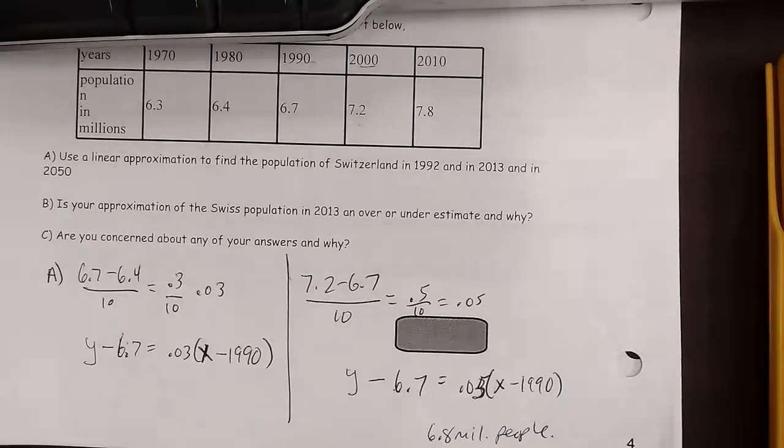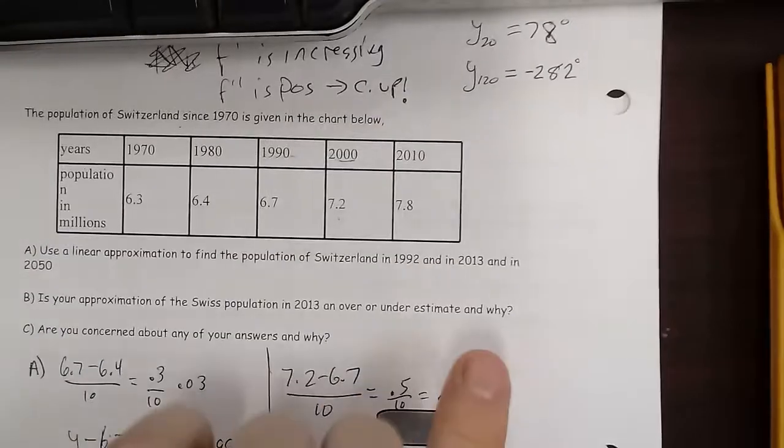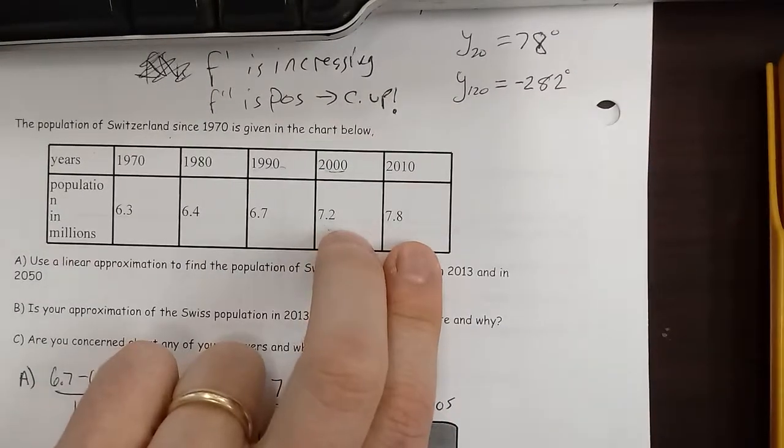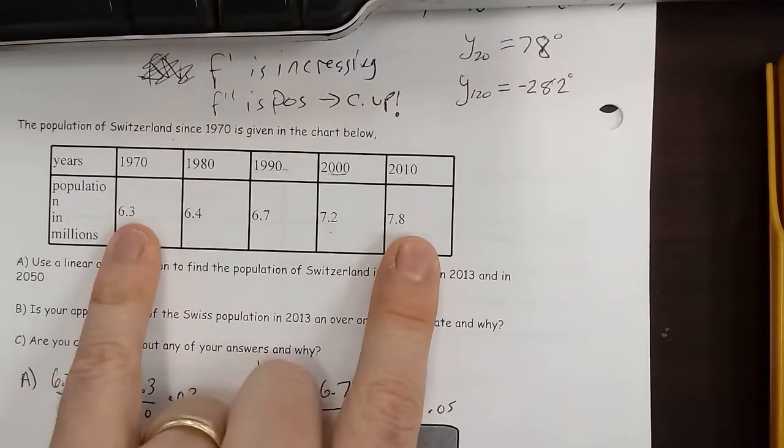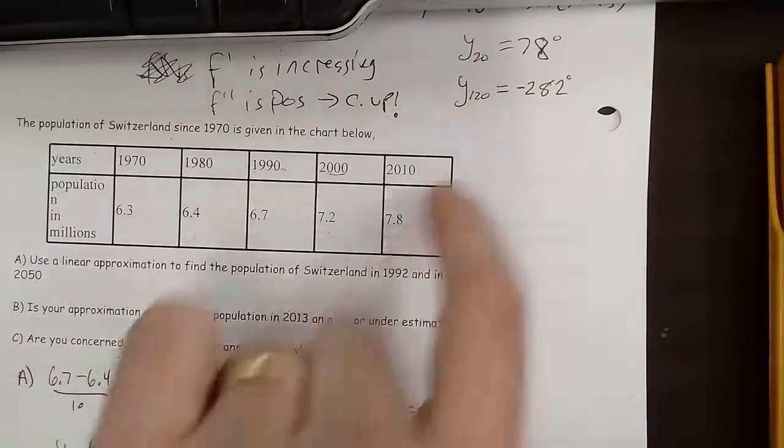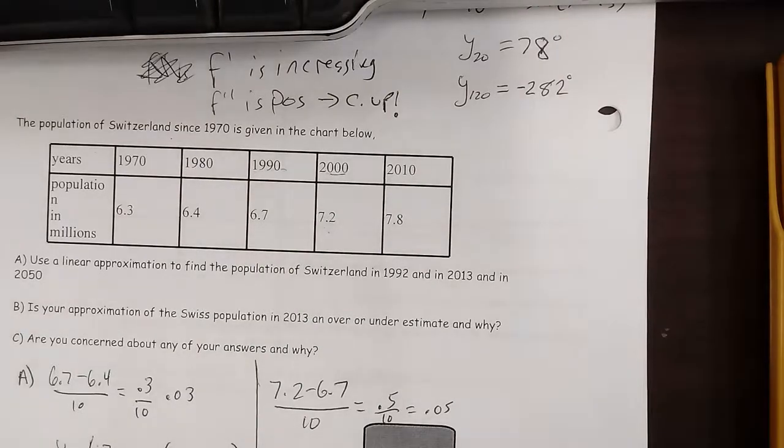For 2013 and 2050, we would just need to go from 2000 to 2010. You wouldn't want to do 1970 to 2010, because population tends to change exponentially. So the farther along we go, the greater the rate of change. If we were to take a whole span of years and find the average rate of change over those years, the average rate of change won't really make a whole lot of sense.